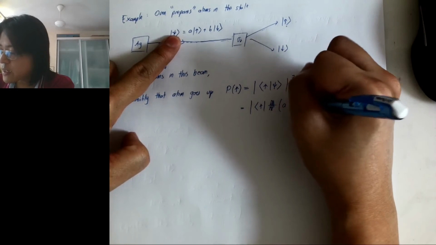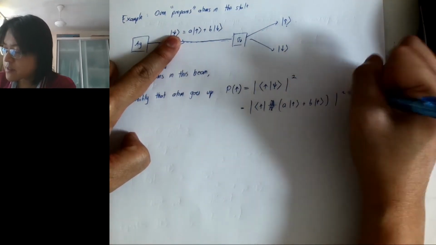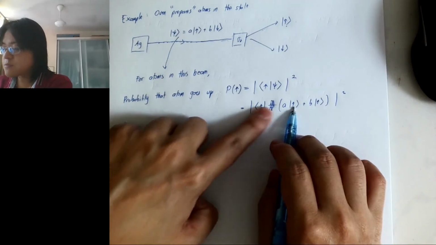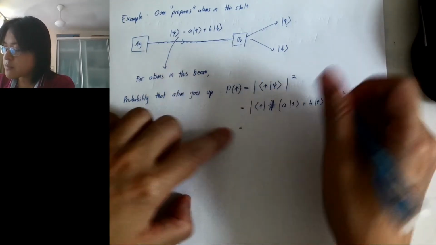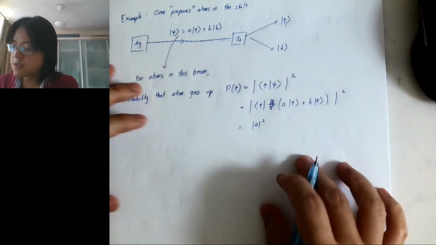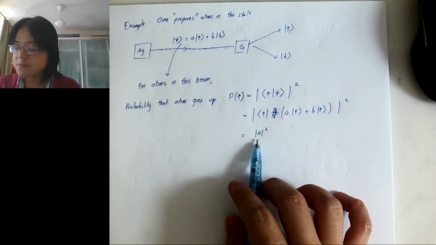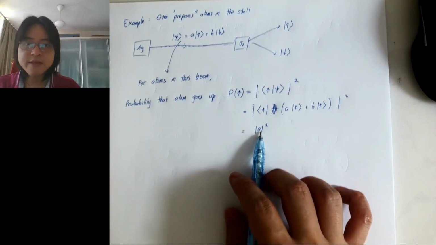We've got the A up vector and then the B up vector. This times this gets 1, but this times this gets 0. So basically what you get is modulus A square. A can be any complex number, so this is why I put a modulus square, not just A square.